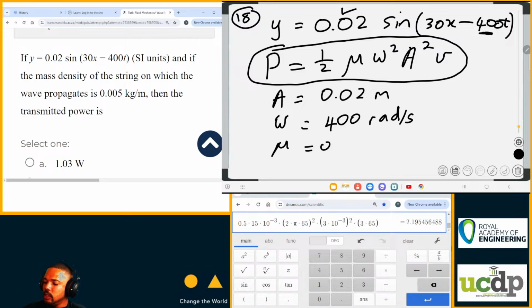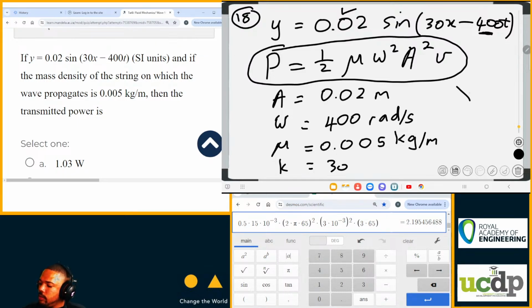It is 0.005 kilograms per meter. The wave number k is equal to 30. That's been given.